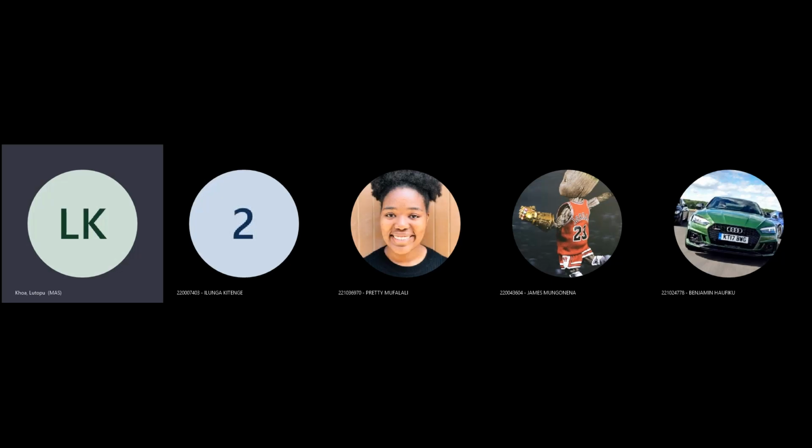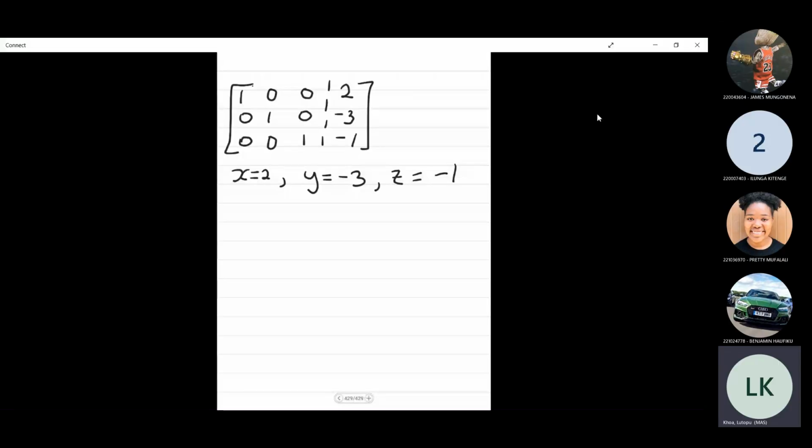We will look at what we call the rank and basis of a matrix. But before that, let's look at one more example. Yesterday we were using Gauss elimination to solve a system of linear equations.